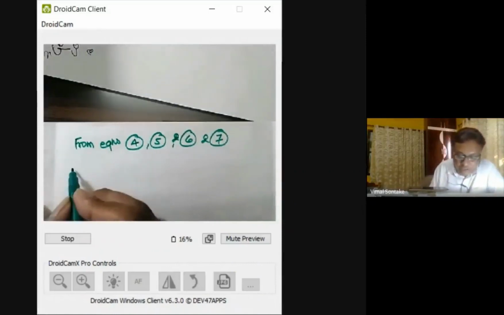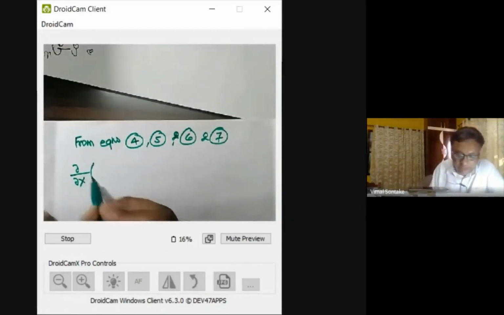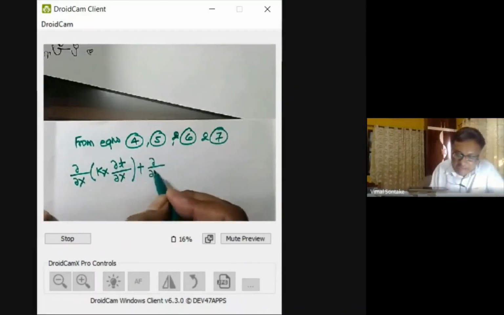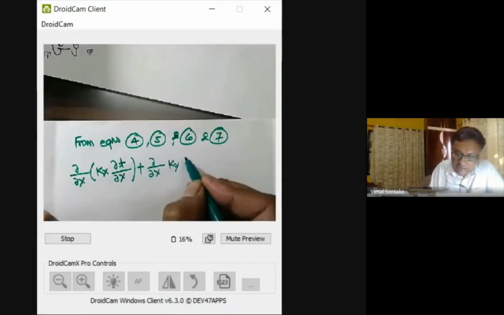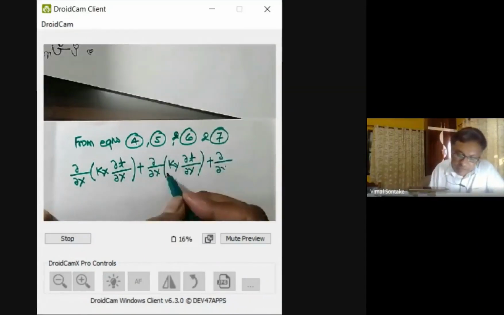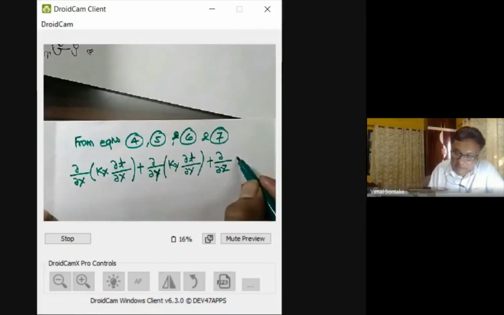Equation 4 is del over del x into kx into del T over del x, plus del over del y, ky into del T over del y, plus del over del z, kz into del T over del z.